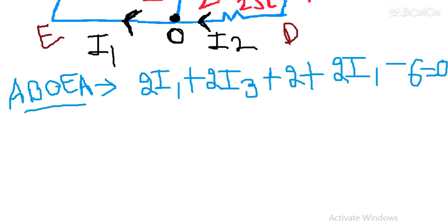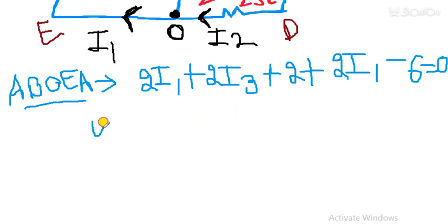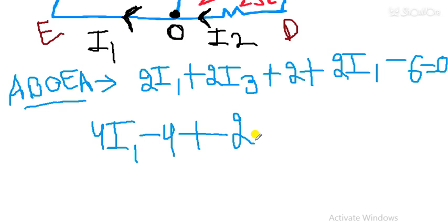Now we will solve this equation, so it will become 4I1 minus 6 and plus 2, so -4. So 4I1 minus 4 plus 2I3 equal to 0. Just wait students. I will solve this equation in terms of I1 and I2.